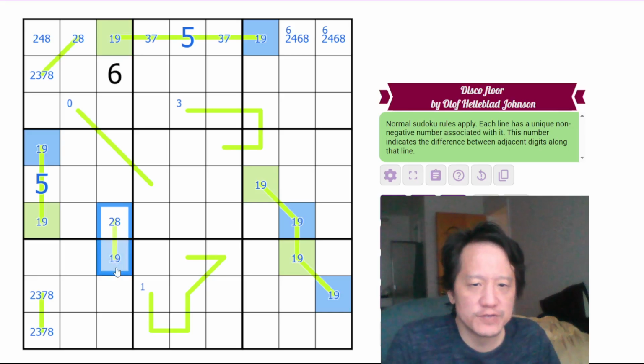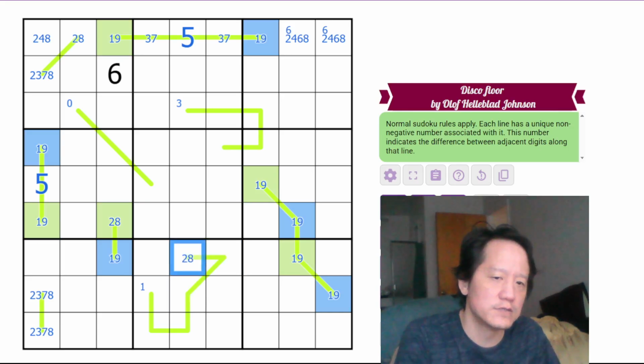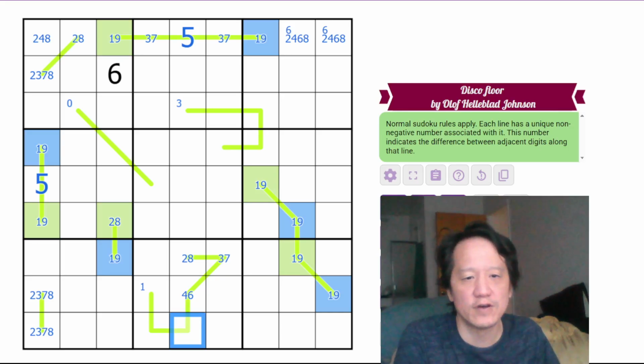This must be a difference of 7, so this has to be the same matching set as the green. None of these can be 1 or 9. So that means it starts at 2 and 8. So 2, 8, 3, 7, 4, 6, 5, but it can't be 5.